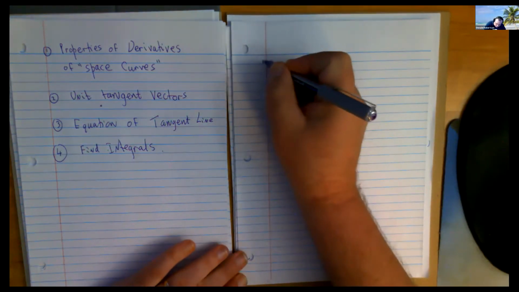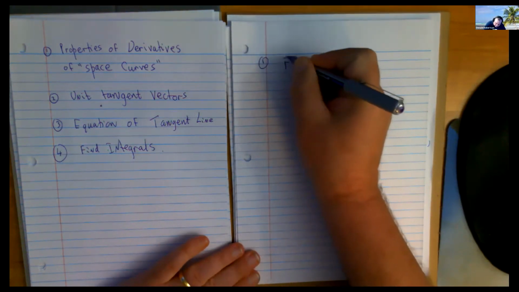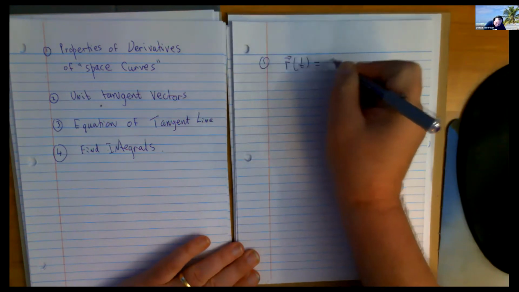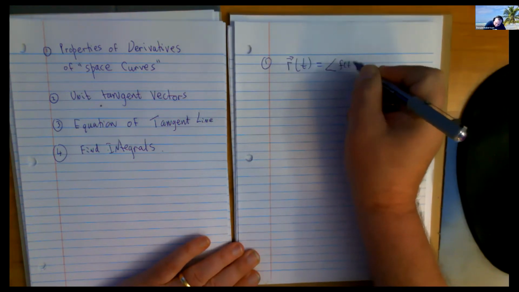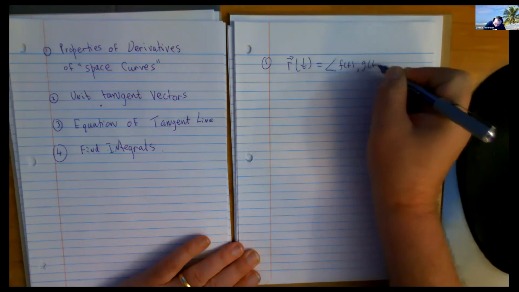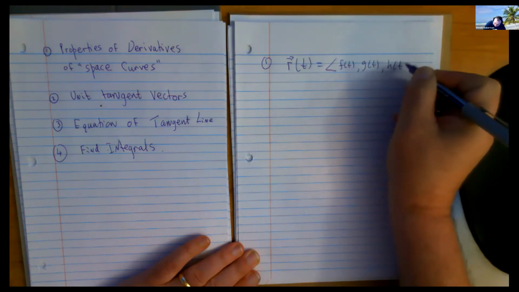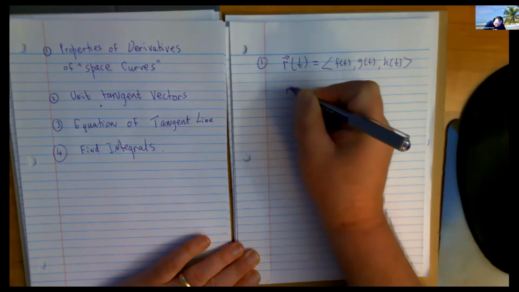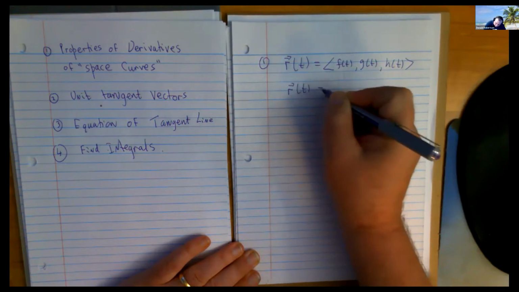Now, last time we looked into space curves, so let's do number 1 again. A space curve is essentially a guy that looks like this. An example of a space curve might be a helix.